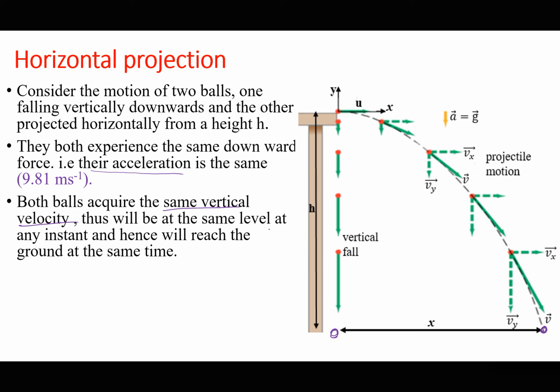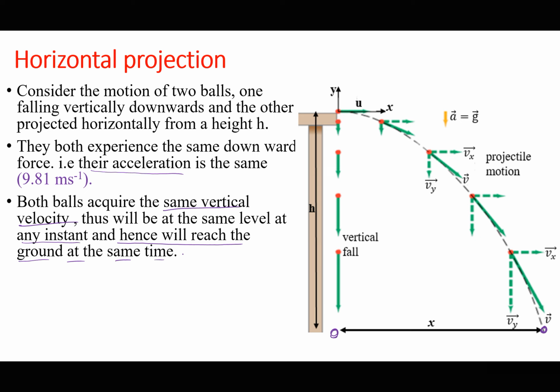Thus, they will be at the same level at any time you look at them. They will always be at the same level in the vertical. And therefore, they will reach the ground at the same time. One was released vertically downwards, another one was projected horizontally. If they are projected at the same time, they will arrive at the ground at the same time.